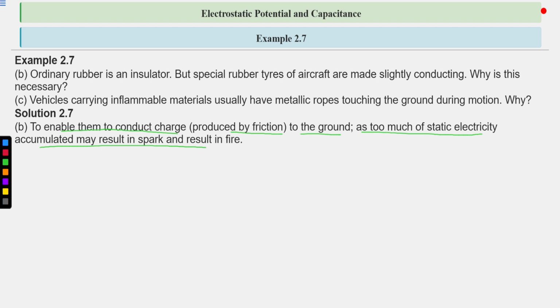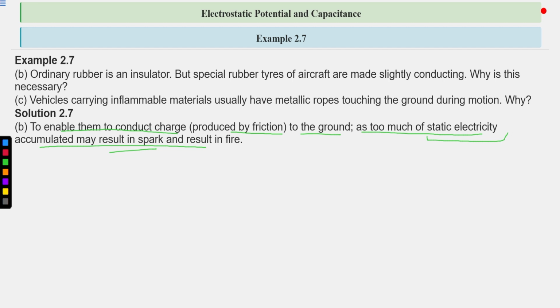Due to friction, there will be charge accumulation. Static electricity means static charges start accumulating on the tire. So a large amount of static electricity can result in spark production and result in fire.